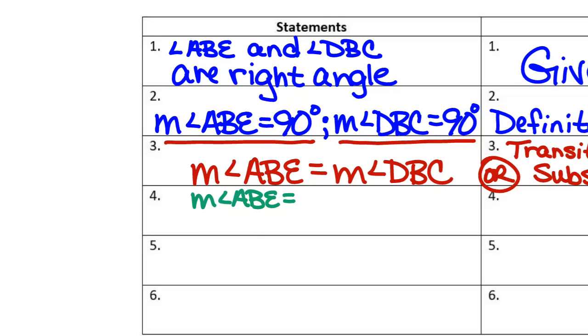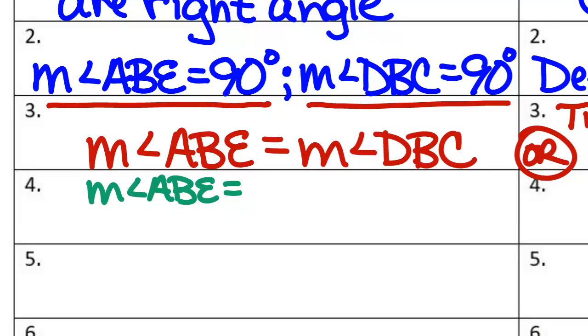What angles do we have to put together to get ABE? Not looking for my reasons yet. I want you to look at the picture. To get ABE, that one outlined in red, what angles do I have to put together? ABD plus DBE. The measurement of angle ABD plus the measurement of angle DBE.